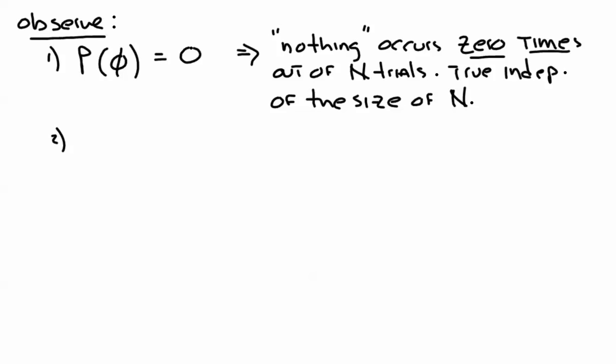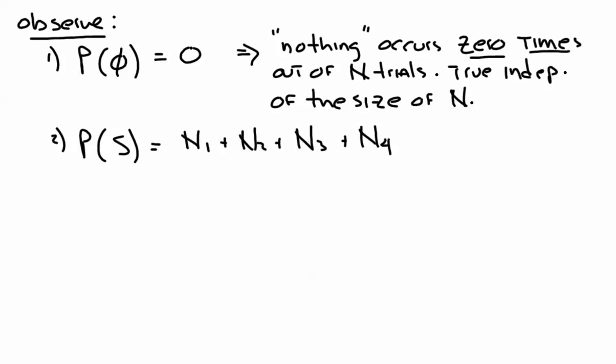Second thing we can observe is that the probability of the sample space is always equal to 100%.